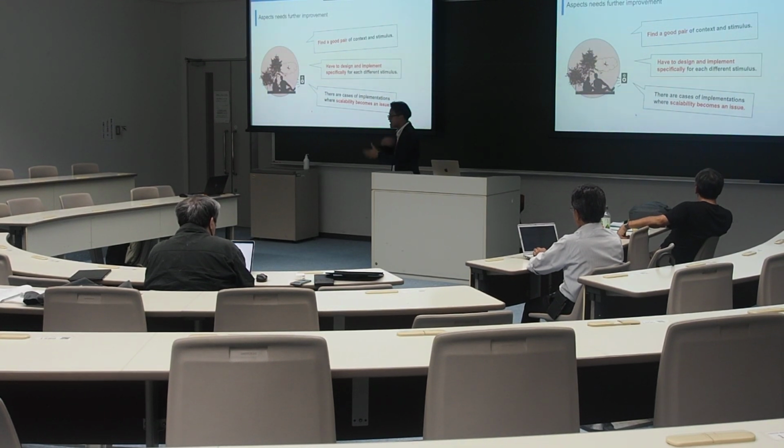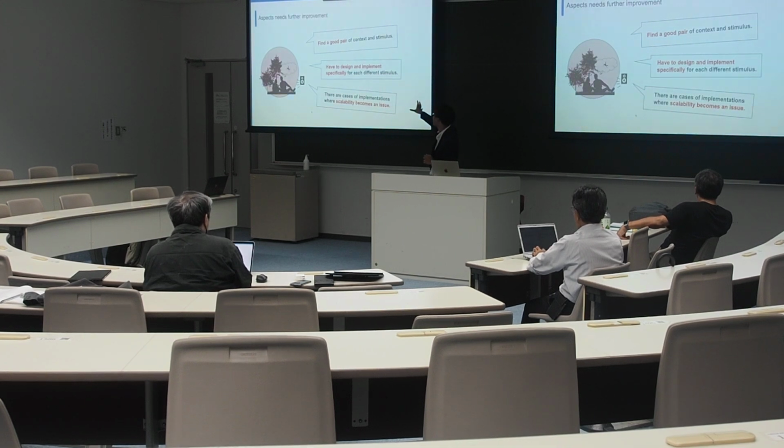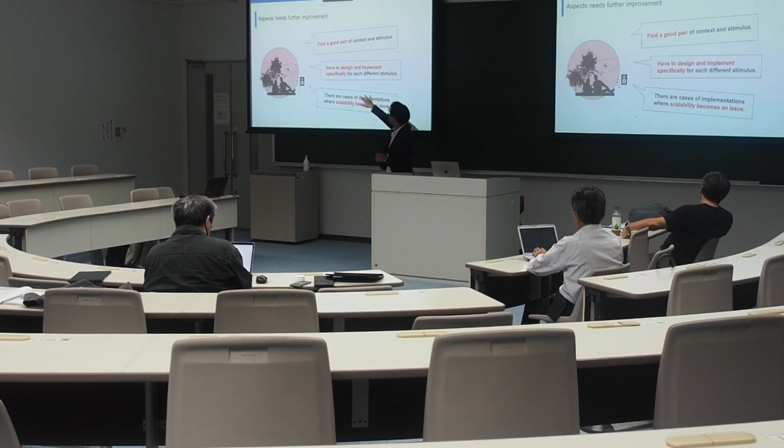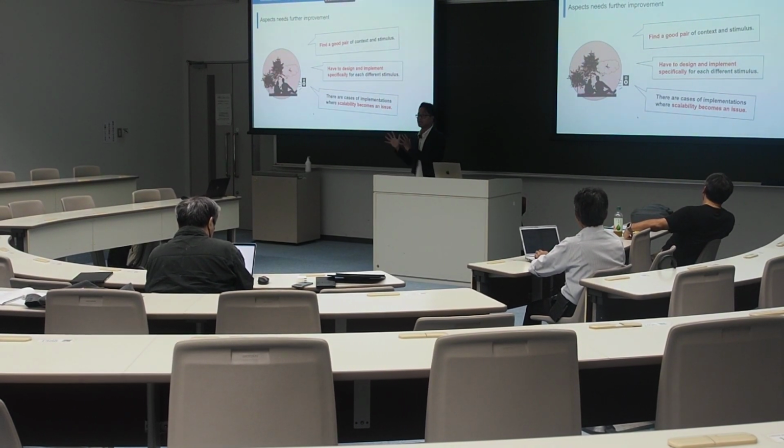So I have to examine the parameters, and also design the implementation physically for each specific situation. I design each parameter to be effective for each context of the scene.